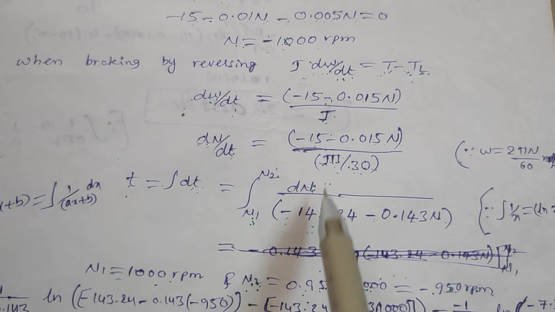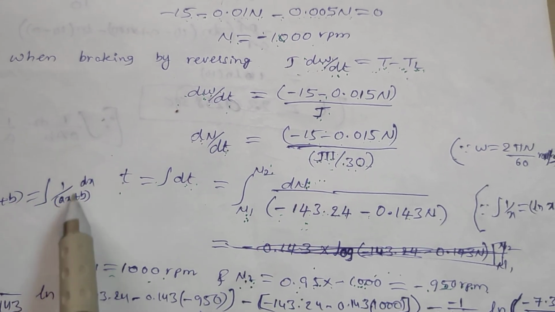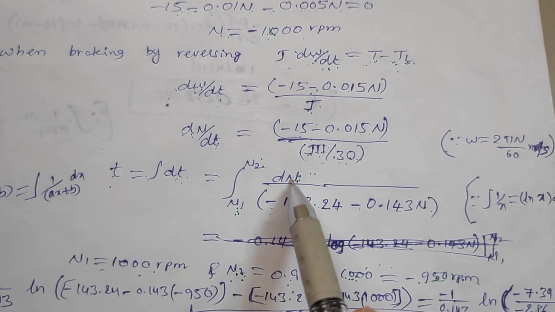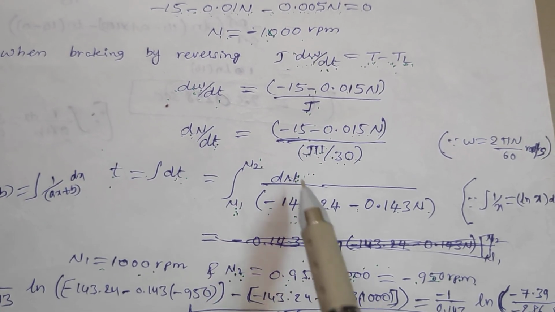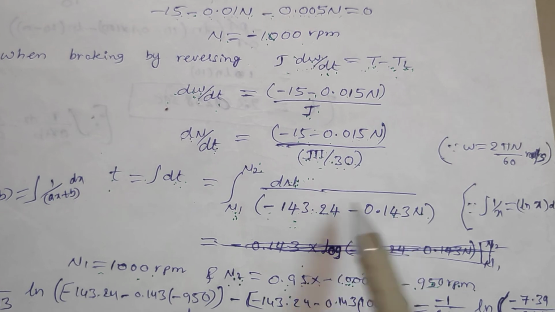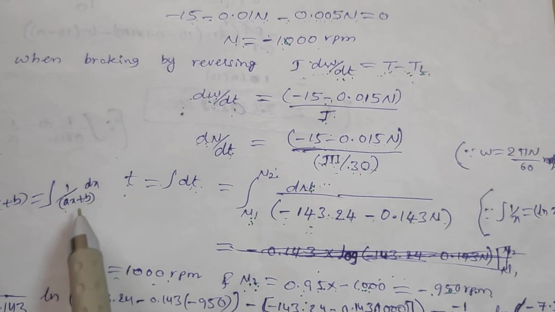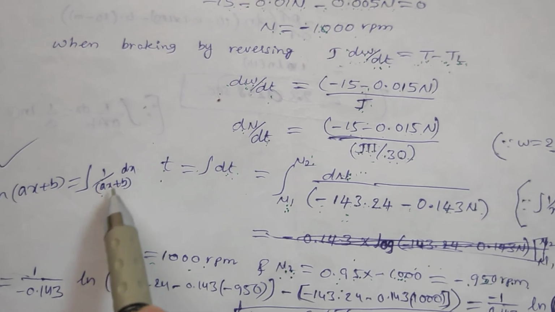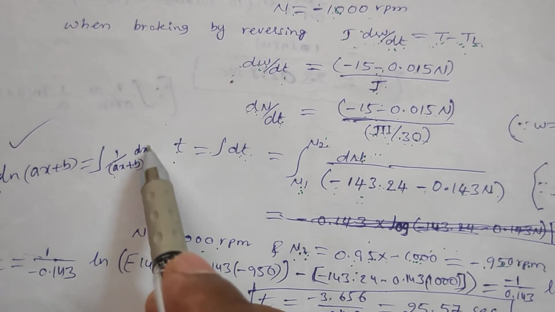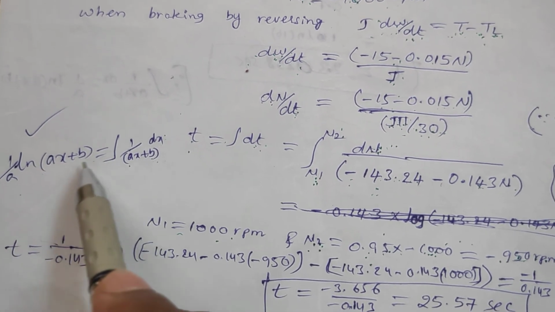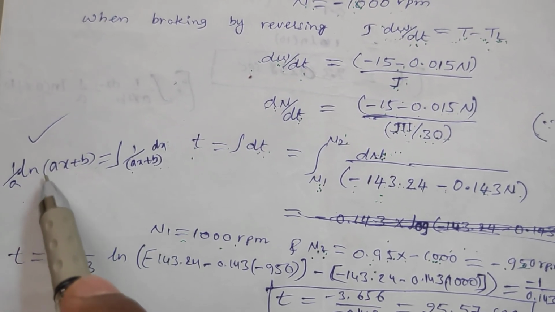This looks like the integration of 1 by ax plus b into dx, where x is n. The integration of dx by ax plus b is 1 by a ln of ax plus b, the natural logarithm.